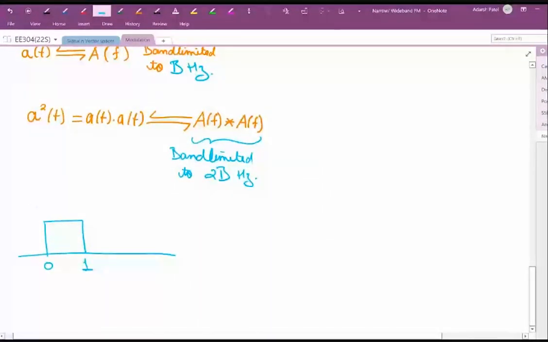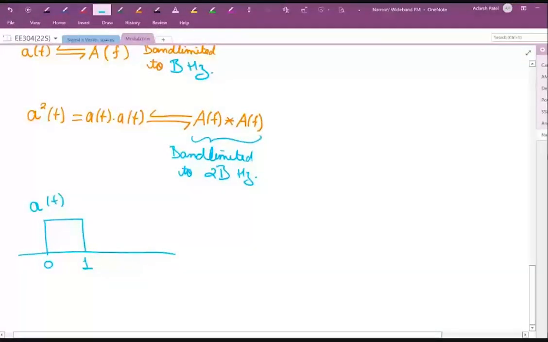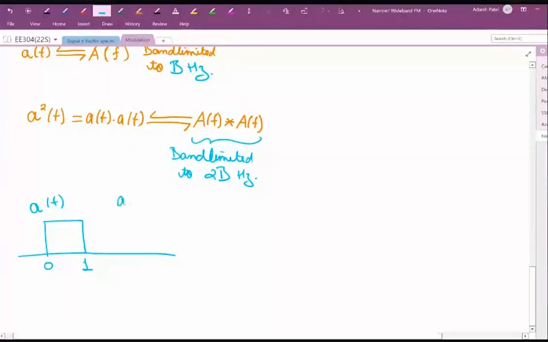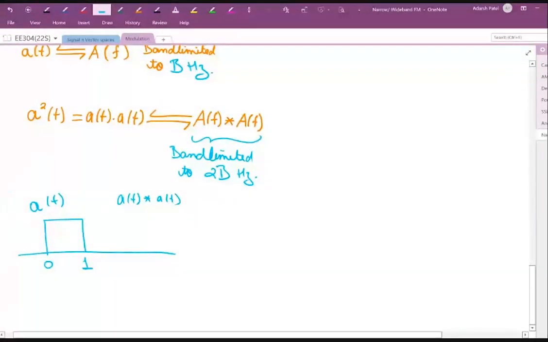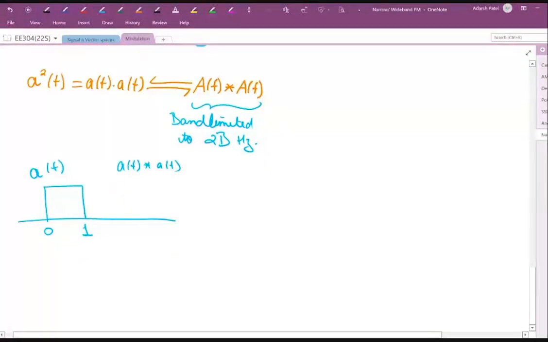Let this be a(t). If I do a(t) convolution with a(t), what should I get? The convolution of two rectangular pulses, or two square waves, will be what?